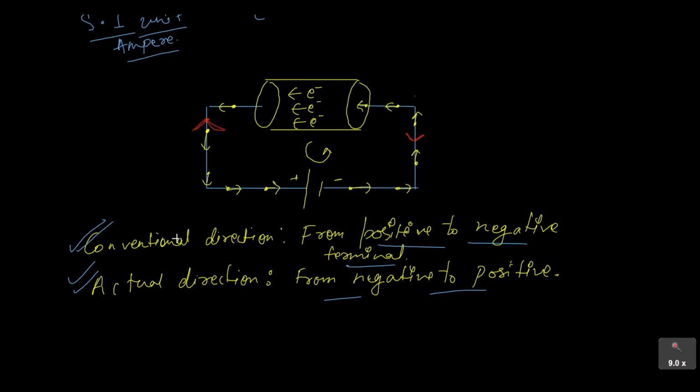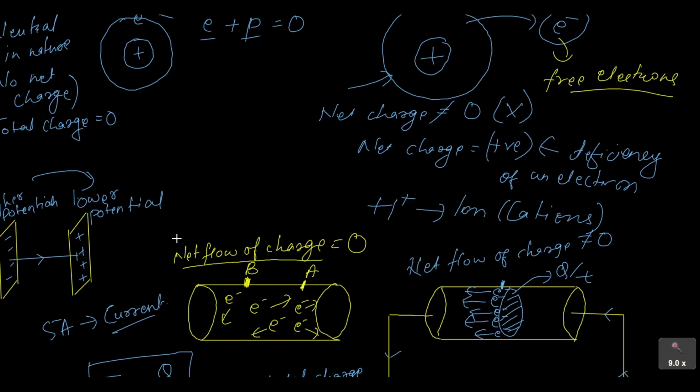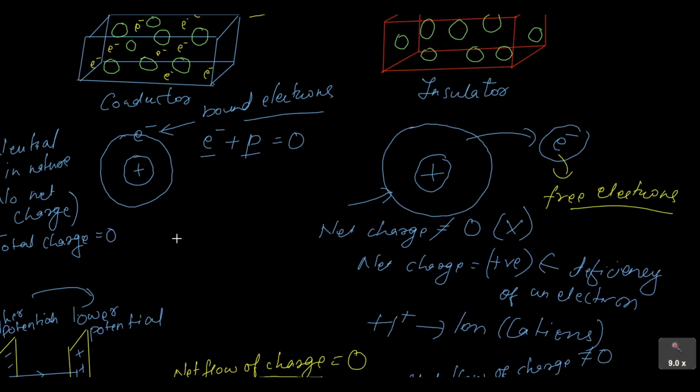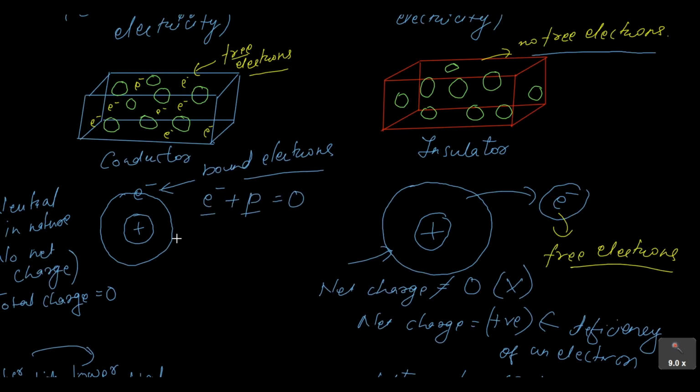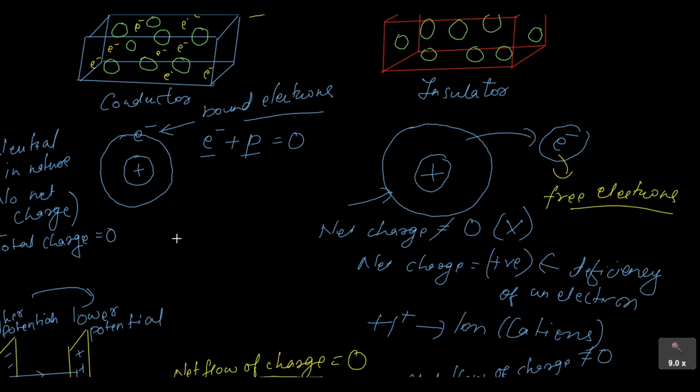Let's see once more what we have done here. First we defined what electric charge is. Electric charge is a fundamental property of subatomic particles, due to which they can interact with each other, either pushing or pulling each other, exerting force on each other. Then we discussed conductors and insulators. Conductors have free electrons, whereas insulators have no free electrons. Then we talked about bound electrons and free electrons.